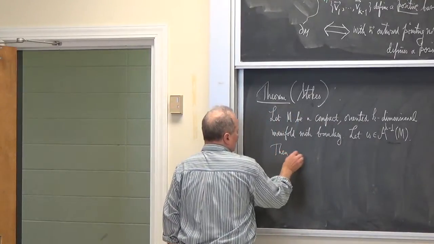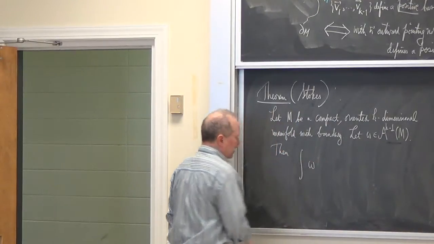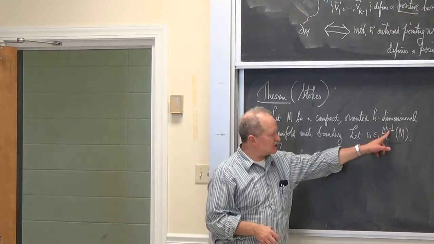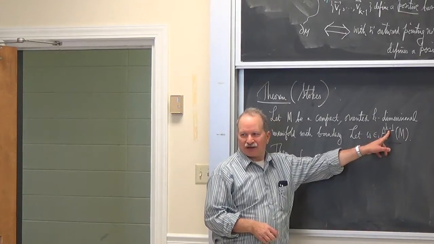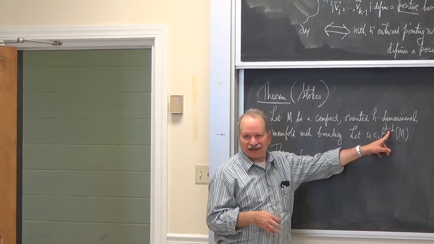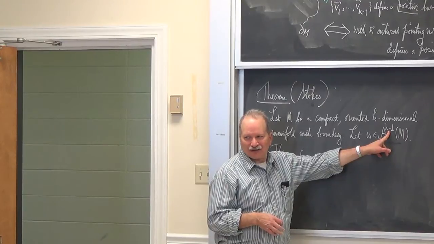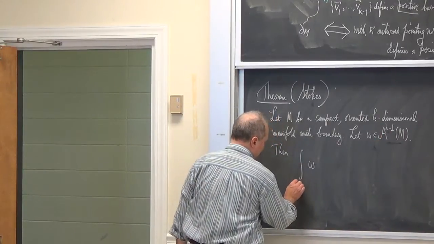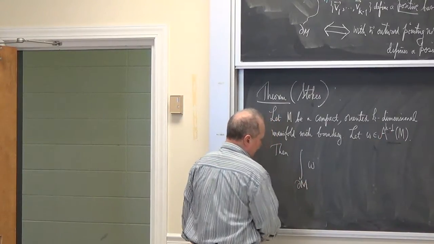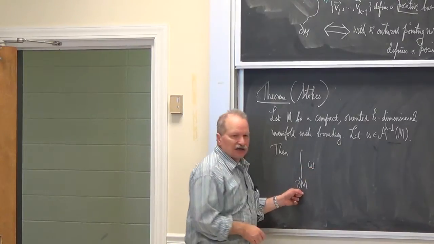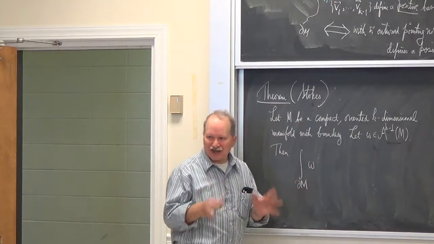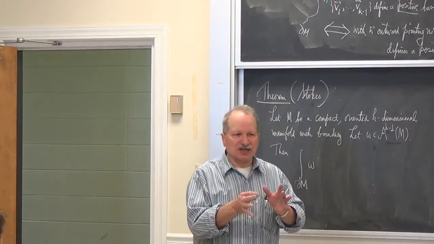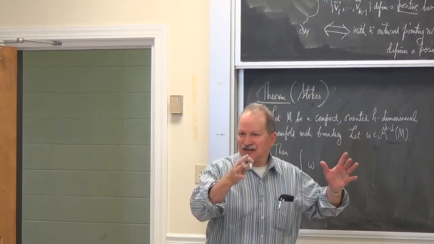Then, integrating omega, well, I can't integrate omega on M because it's only a k-1 form. However, we have conveniently the boundary of M, which is a k-1 manifold. So I can integrate omega on it. Now, I haven't told you officially how to integrate forms on manifolds in high dimensions.